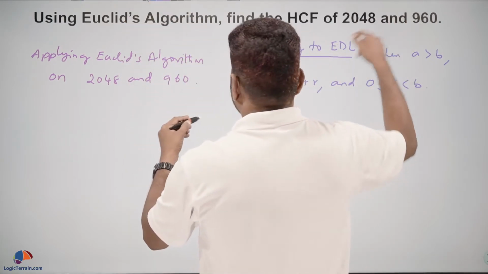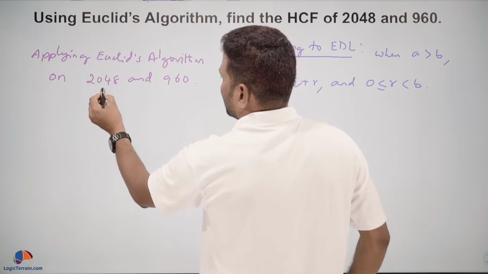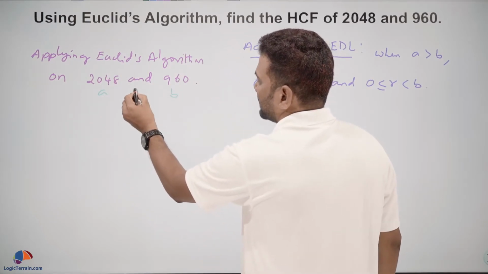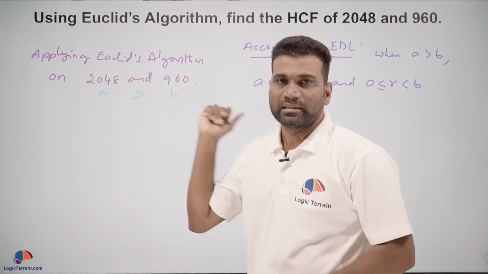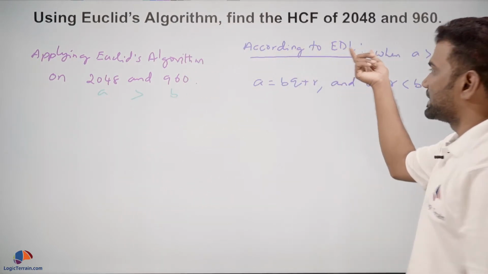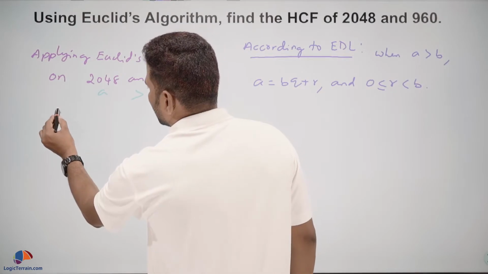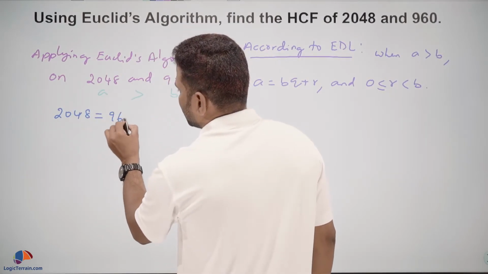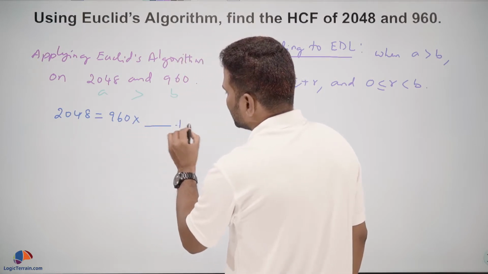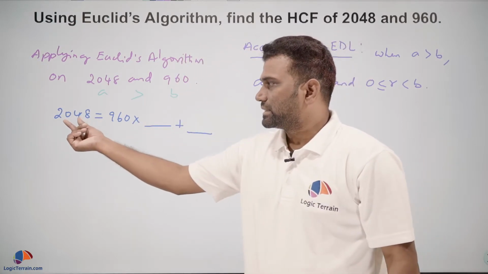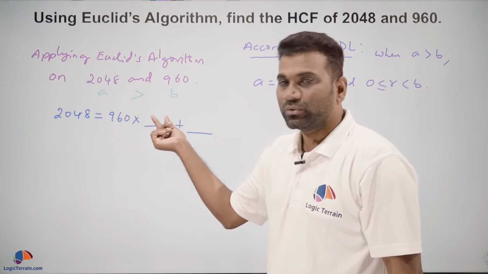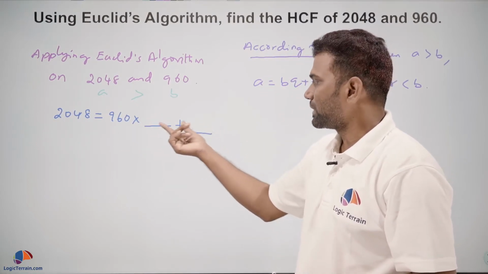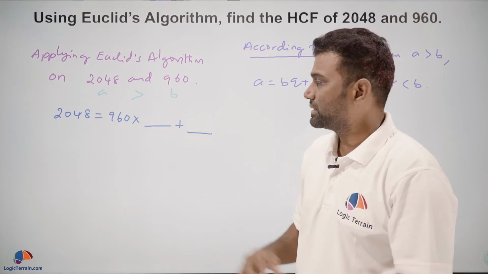Like we have seen, this is A and this is B, and this is greater than this. So according to Euclid's division lemma, 2048 is equal to 960 into dash plus dash. This is A equals B into Q plus R. We need to find that quotient and remainder. Right now we don't know what it is, so leave some space.